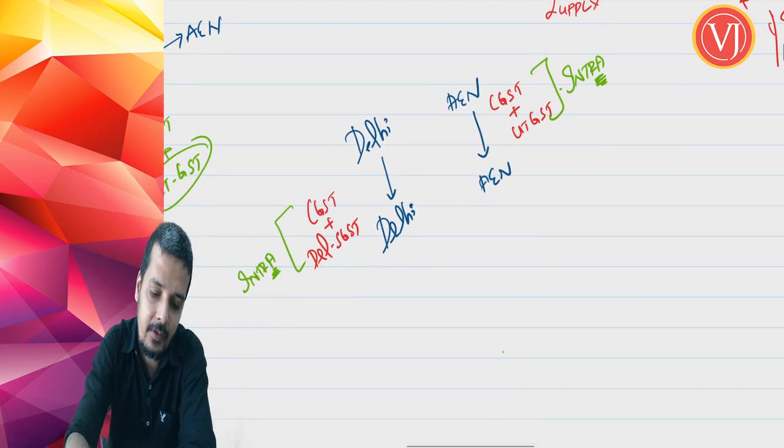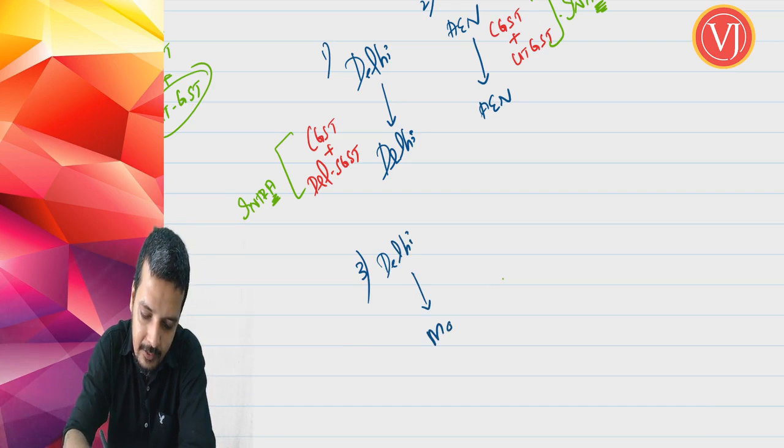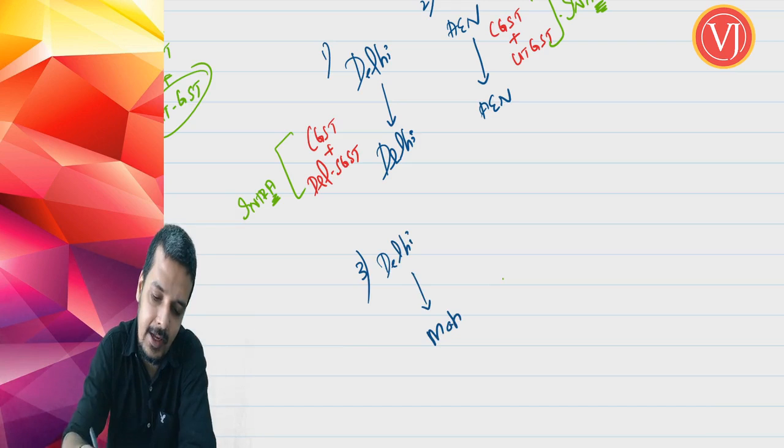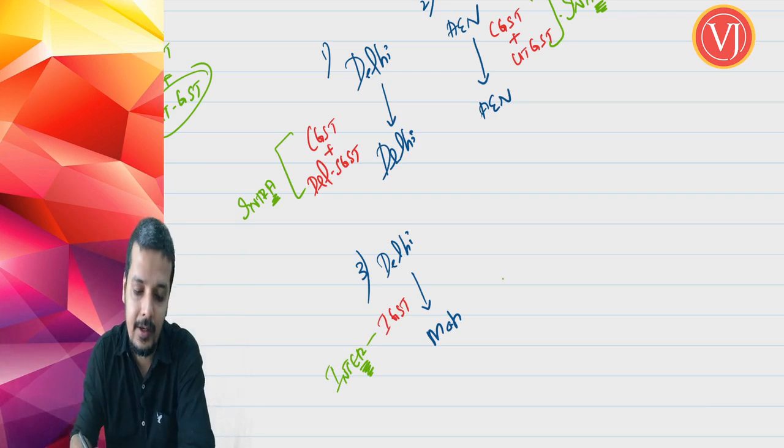Now these were the first two examples. Now let us move on to the third example. If I tell you it is Delhi to Maharashtra, the answer would be IGST, because now this happens to be interstate supply, one state to another state.